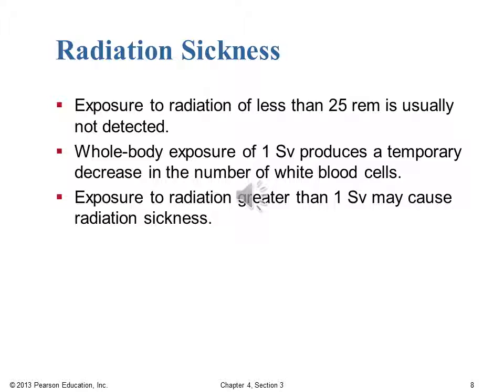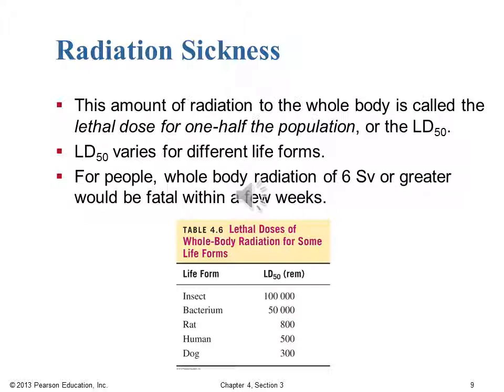If you have a whole body exposure of 1 sievert, there's probably a temporary decrease in the number of white blood cells, and when you're no longer exposed and the white blood cells can replicate and replace those missing white blood cells, then things should go back to normal. If you have exposure to radiation greater than 1 sievert, then you can have what's known as radiation sickness, and that's much more severe and generally requires medical treatment.